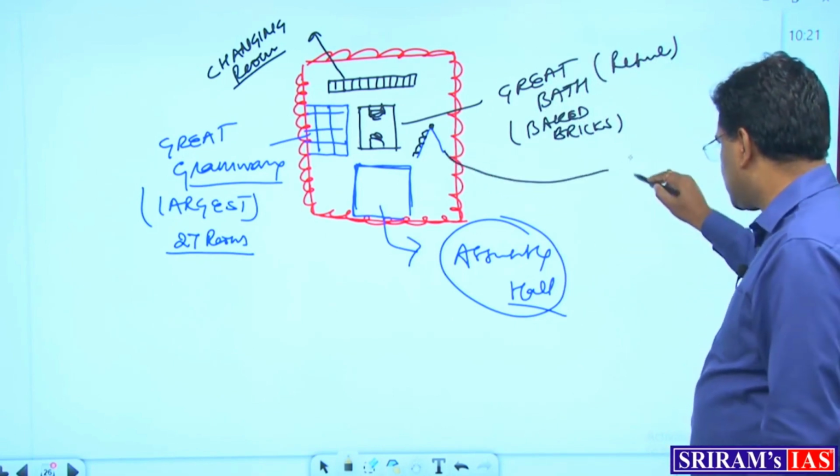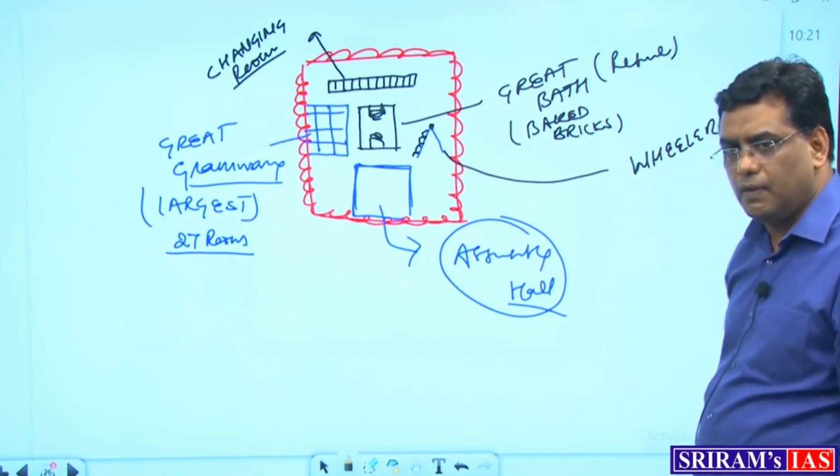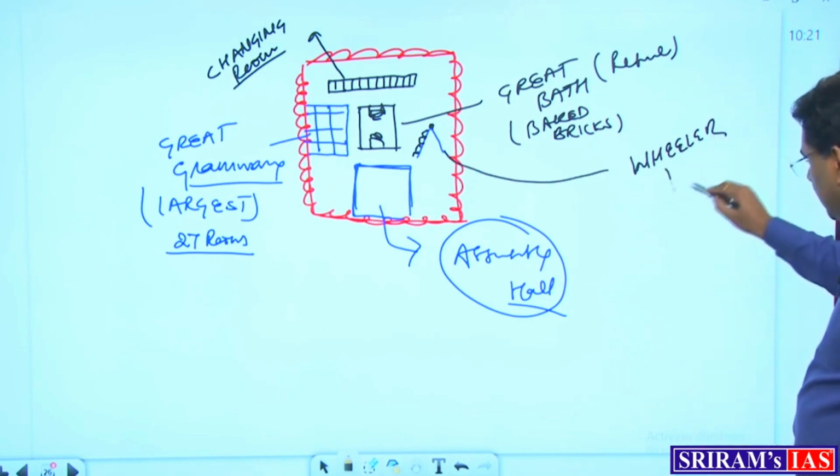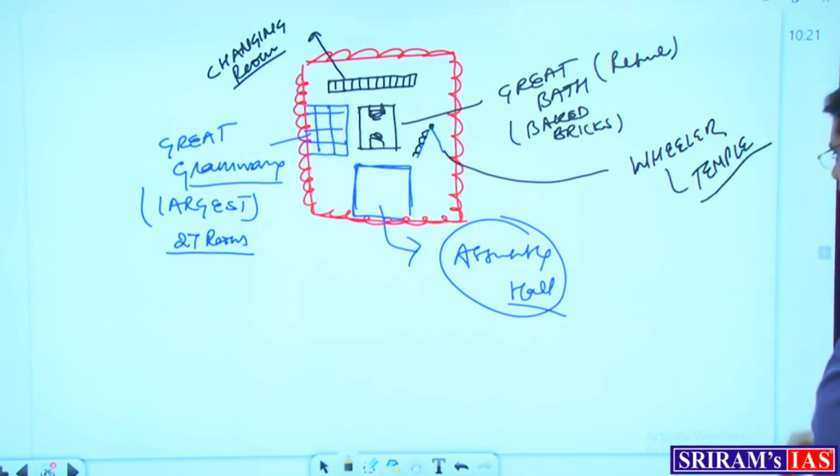Wheeler, a British archaeologist, called this structure a temple, which is very doubtful because I have already told you that there are no temples. But this structure was identified very close to temples, without having a large structure on it, but there are stones and stairs put on the top.